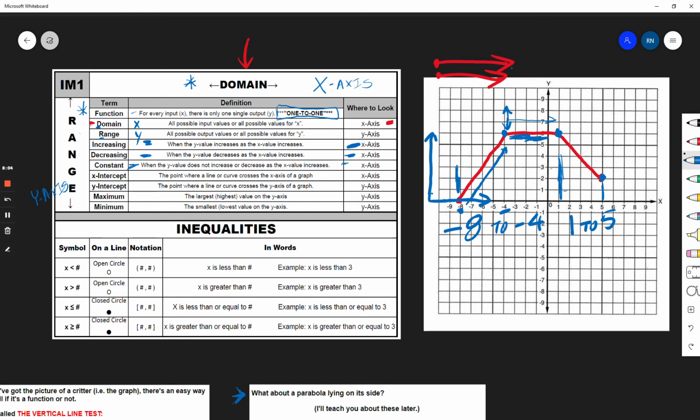So we're increasing, decreasing, and then our constant is going to be from -4 right here to 1. So from -4 to 1. Oh, I don't want to do it that way. I want to do 2, 1. All right, that's our constant.